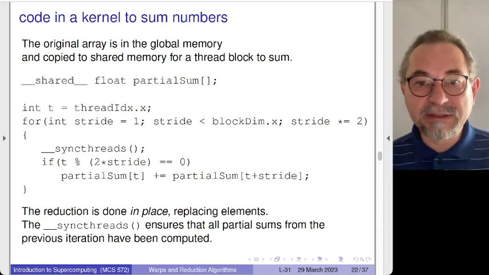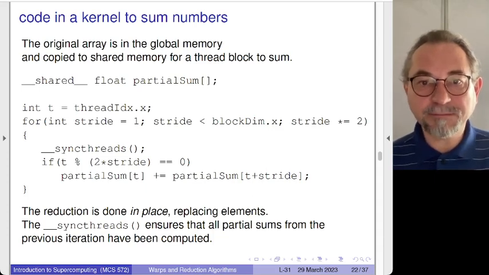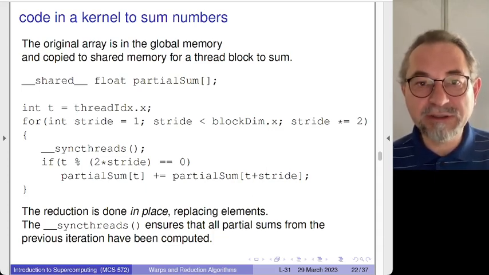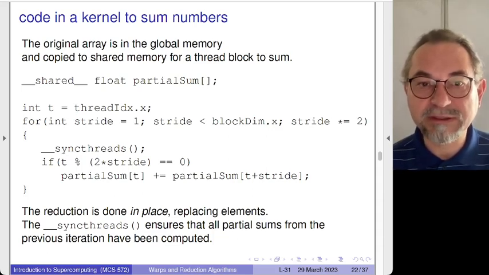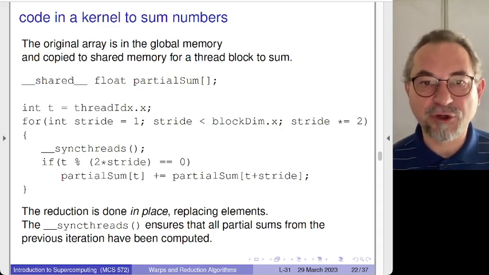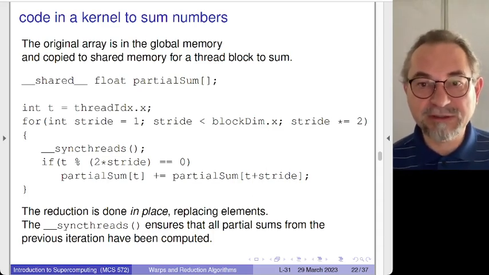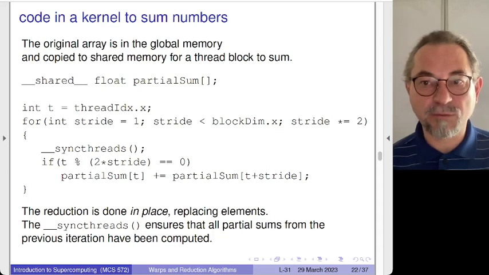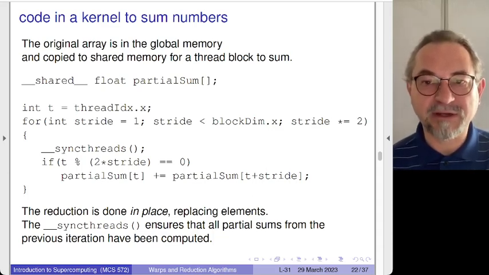Okay, so this is our first algorithm. The numbers are loaded into shared memory. So there is this keyword shared. I'm using the syntax from CUDA, the Compute Unified Device Architecture.